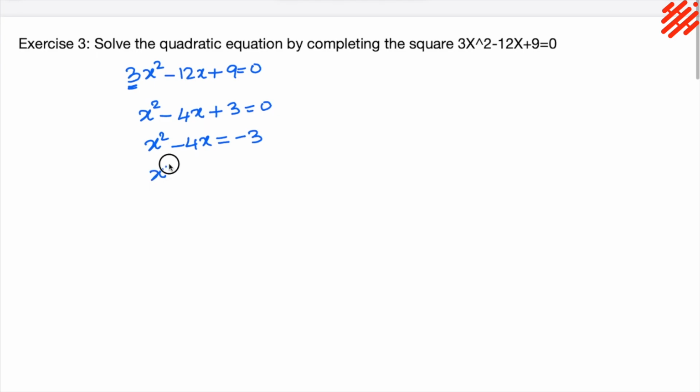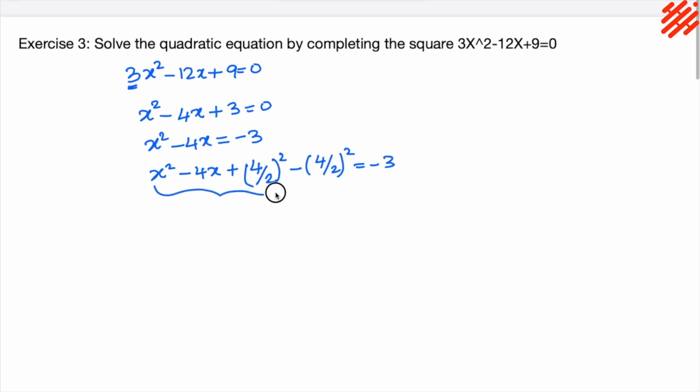And then x² − 4x plus (b/2)², where b is the coefficient of x, that is (4/2)², minus (4/2)² equals −3.